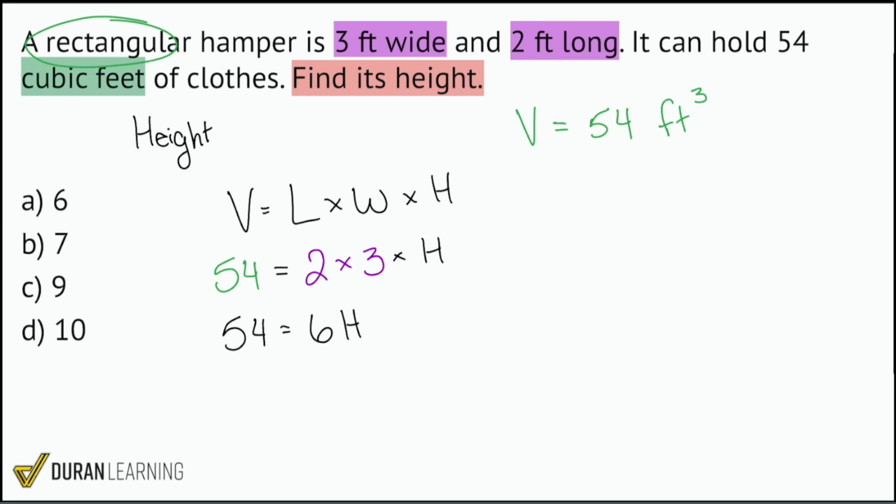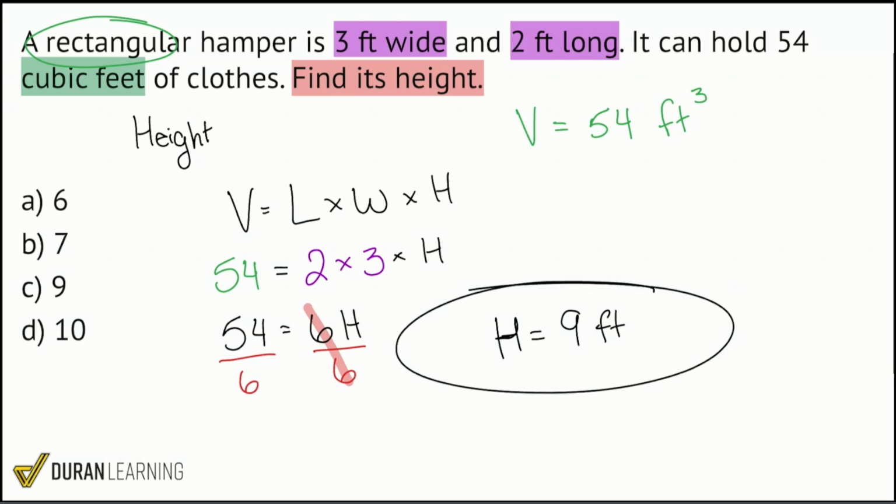And then from here, we say, well, we're multiplying by 6 to get 54. So to work backwards and get h by itself, we will divide by 6 on both sides. And once we do that, it cancels out on the right side. And so then we get 54 divided by 6, and that will be 9. And there we go. Our height is 9 feet, making the correct answer C, 9.